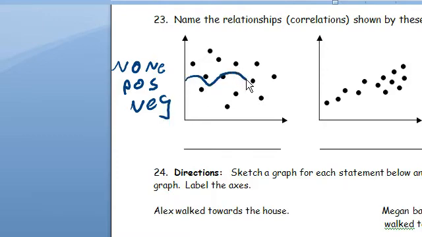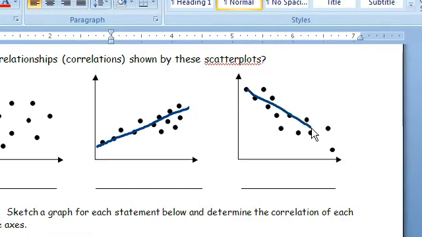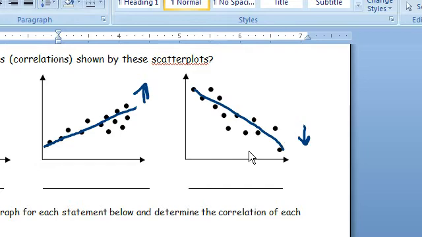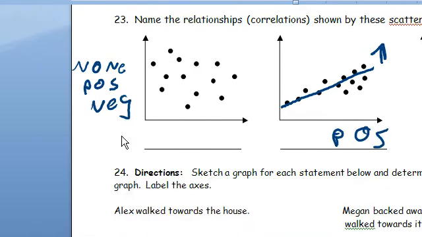Here we can't really tell what direction our data is trending, so that's none. Here's a positive correlation. Here's a negative correlation, because it's going up and it's going down. So that's positive, negative, and none.